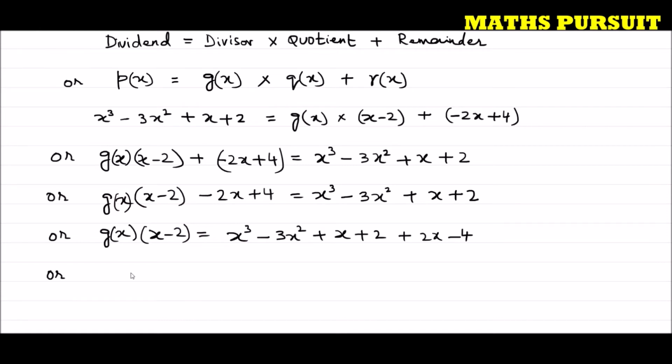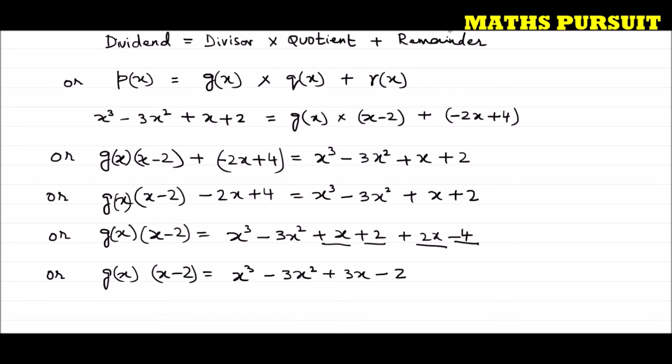Or I can write g(x)(x - 2) is equal to x^3 - 3x^2, and here we have +x and here we have +2x, so it will become +3x, and here we have +2 and we have -4, so it will become -2.